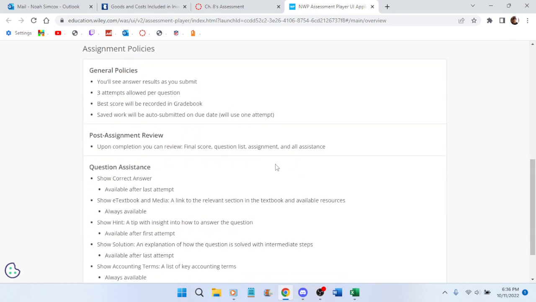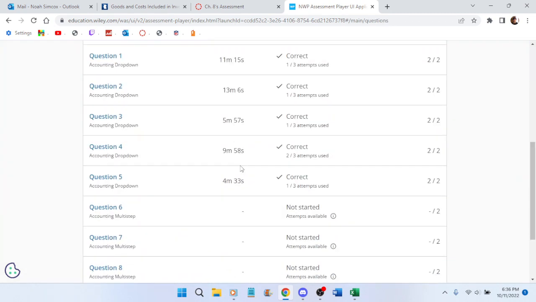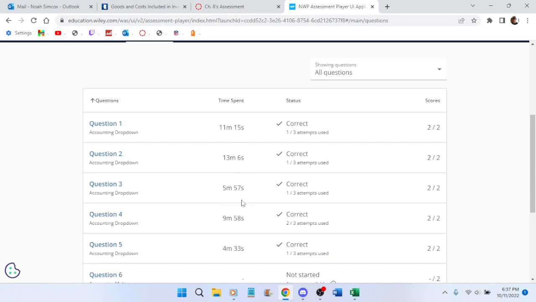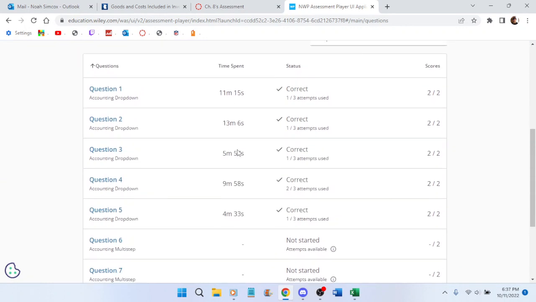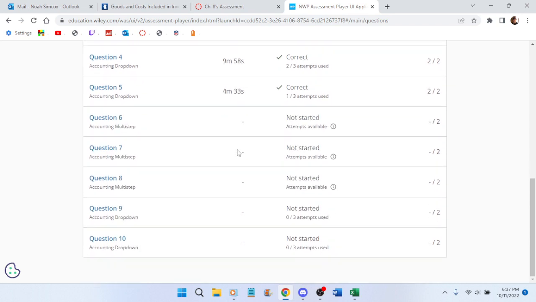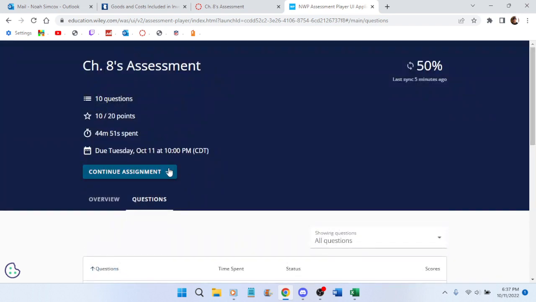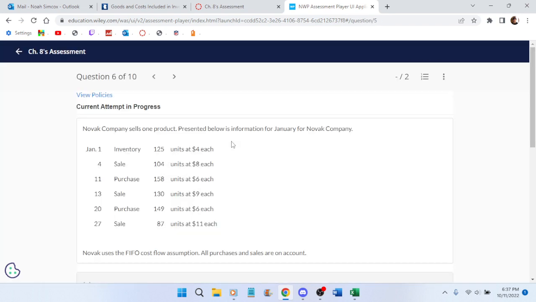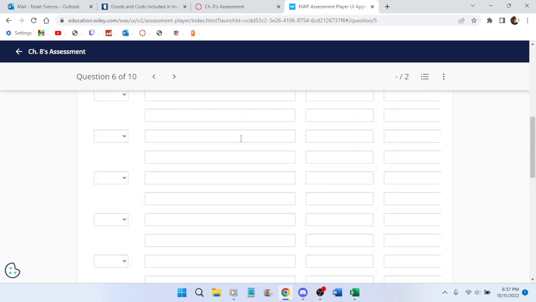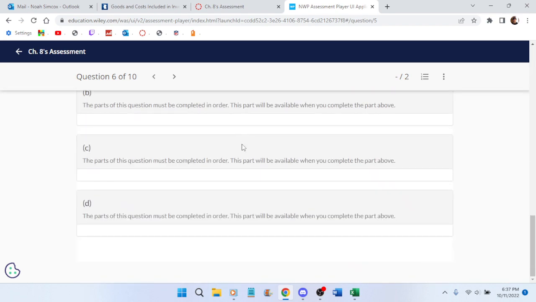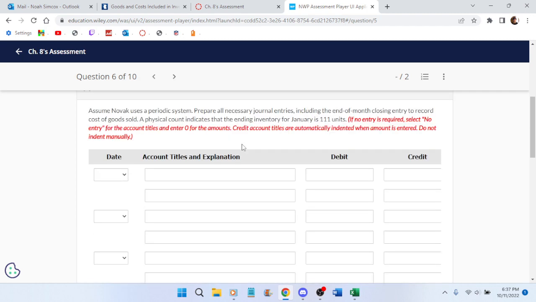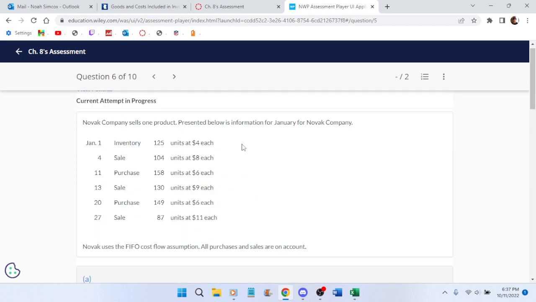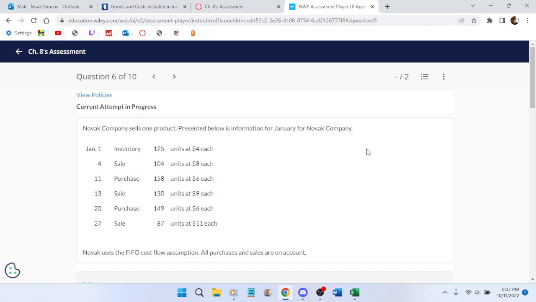Okay. It says I've spent all this time on these questions. So we now have 5 more questions. Oh my God! Why are there 4 parts? Why? Sells 1 product.